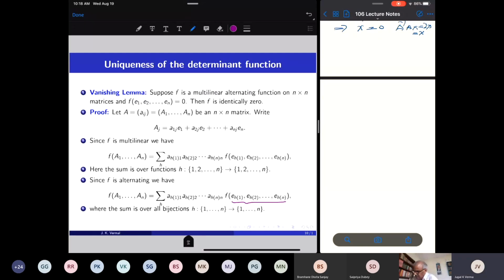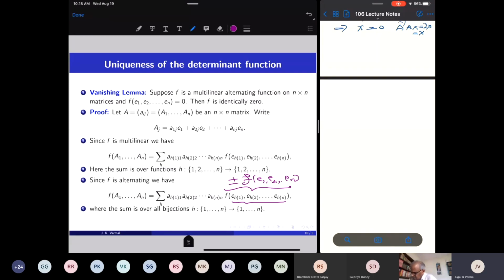Okay, now we will apply the alternating property, and by exchanging adjacent column vectors, I can convert this into f of e1, e2, en, and there will be some sign here. Because whenever I interchange two column vectors, I acquire a negative sign.